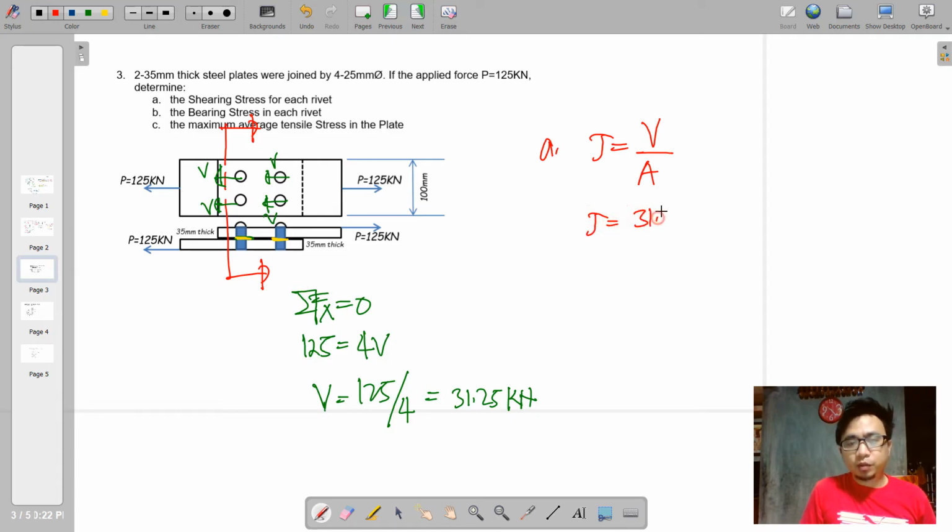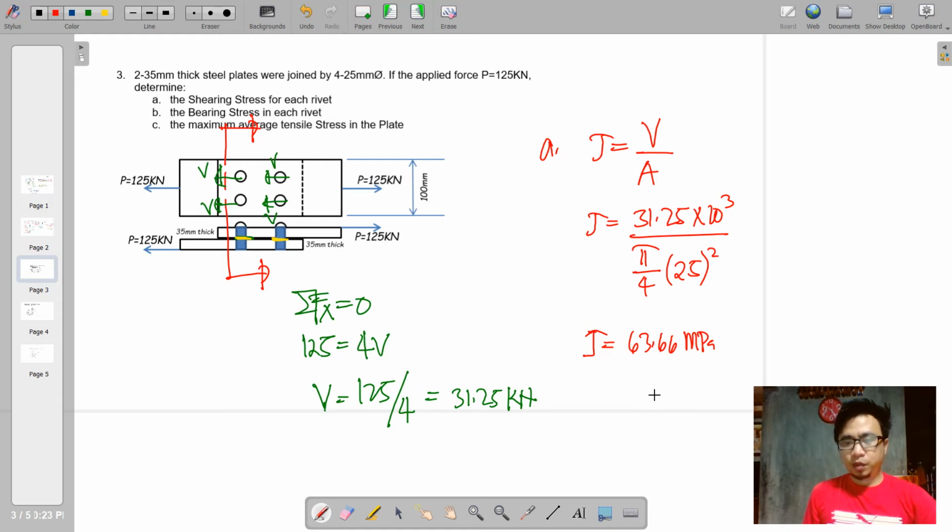We have here 31.25 times 1000 all over the area of the circular cross section of the rivet, that is pi over 4 times 25 squared. So in here we can have the value of tau, and we have 63.66 megapascals for that.